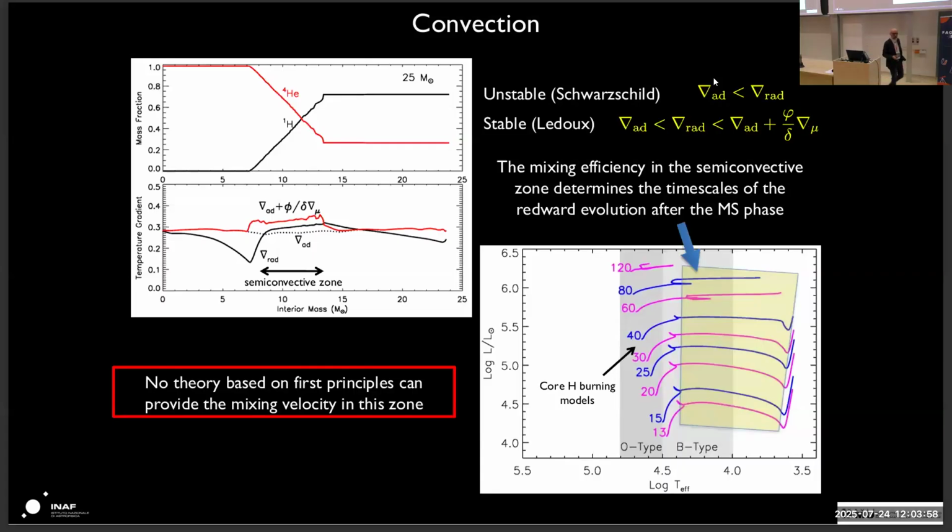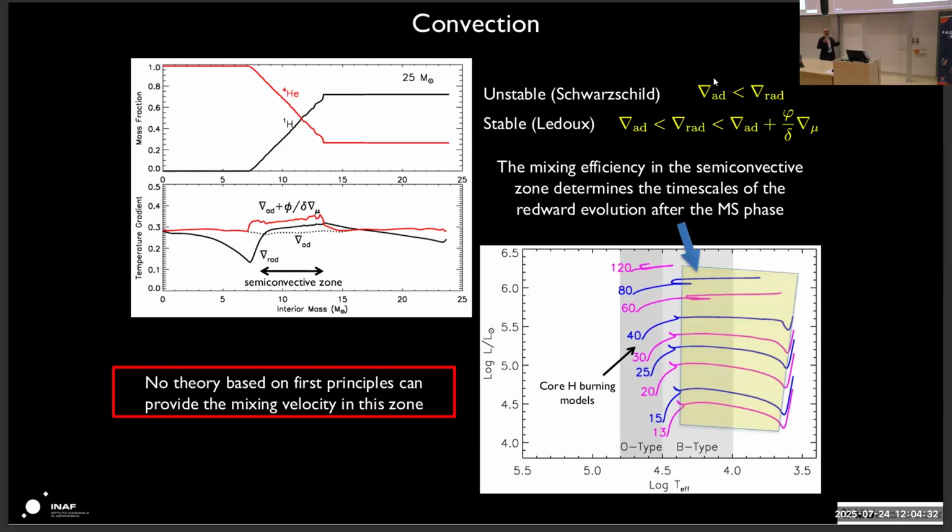So after core hydrogen burning, before the core helium burning, another instability occurs in the region of variable chemical composition left by the core hydrogen burning. This region becomes unstable according to the Schwarzschild criterion, and stable according to the Ledoux criterion, because the Ledoux criterion takes into account the stabilizing effect of the gradient of chemical composition.